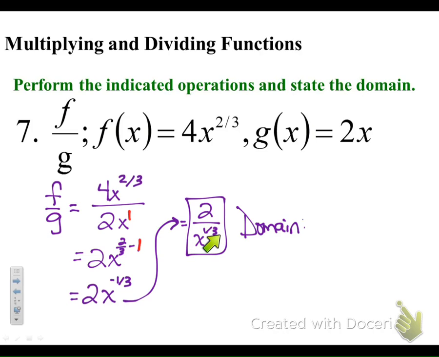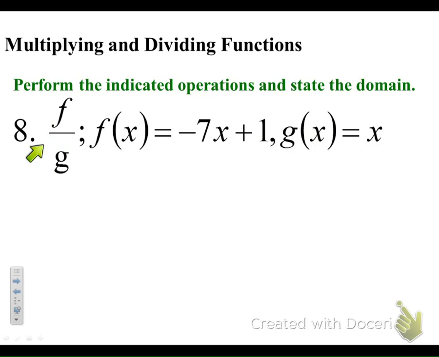So I actually don't have to worry about being bigger than or equal to 0. But I do have a denominator. Denominators cannot be 0. So if this was 0, that denominator would be 0. I'd get an undefined equation. So x can't be 0. It can be anything else except 0. In our calculators, that would spit out undefined.